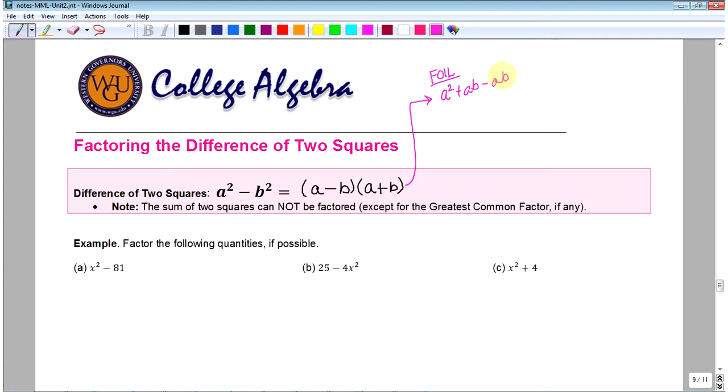Last times last is negative b squared. Notice that the two middle terms cancel out, and we're left with what we started, a squared minus b squared. Okay, so this is a formula that you want to keep in mind for factoring.